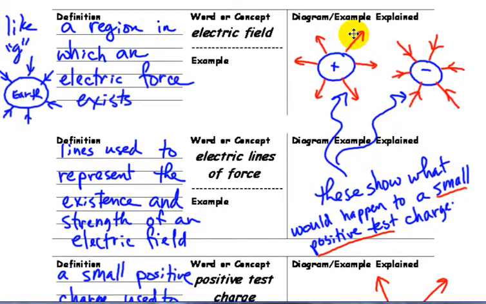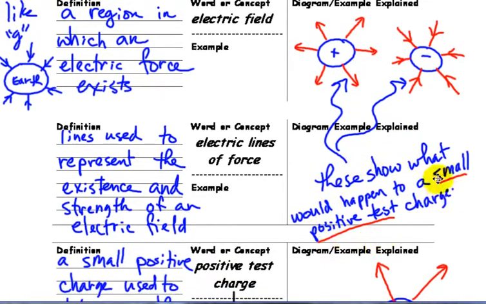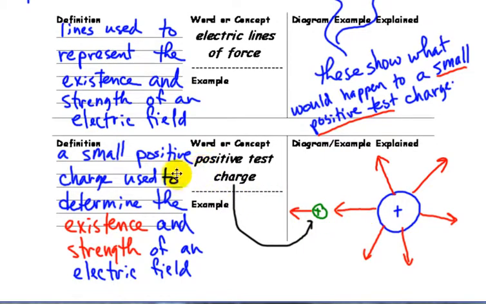The arrowheads also indicate the direction those fields act. The direction shows where a small positive test charge would go if it was brought into this area. A positive test charge is a small charge used to determine the existence, strength, and of course also direction. You may want to add the word direction onto both of these parts here, since I didn't.